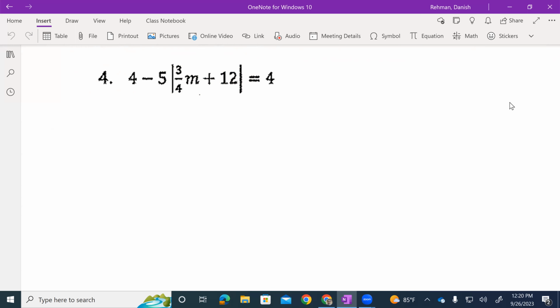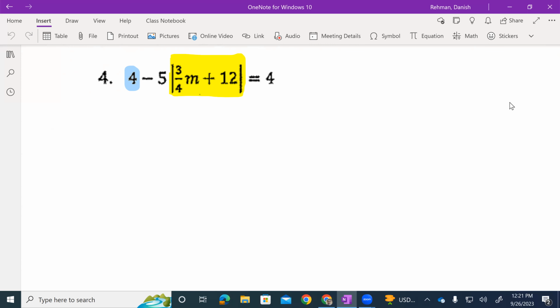Let's remove the 5, because whatever is in the absolute lines, this one is the absolute value expression. And I need to isolate it. If I want to isolate it, what is in this expression overall extra that I need to get rid of? I need to get rid of this 4 first. And then for sure, I need to get rid of this 5 also. Both of these need to go.